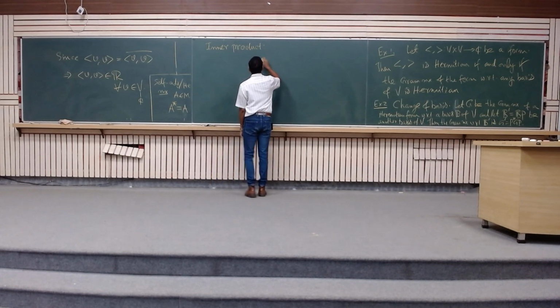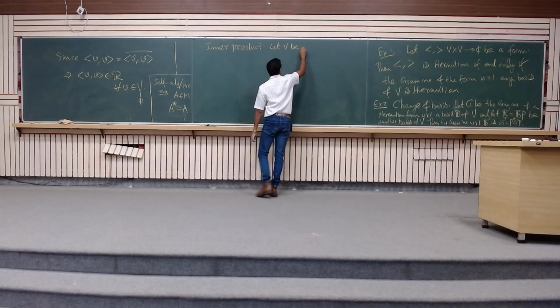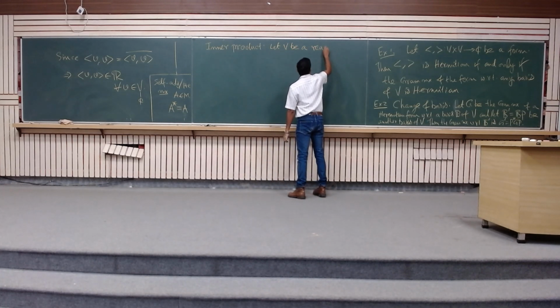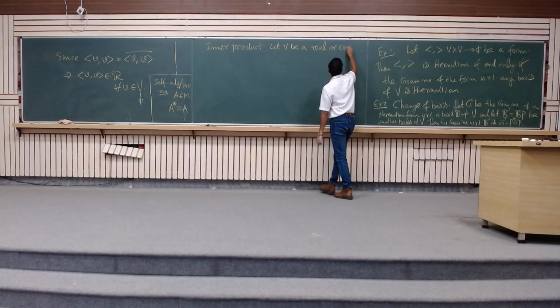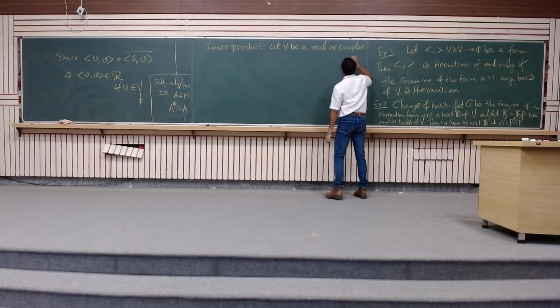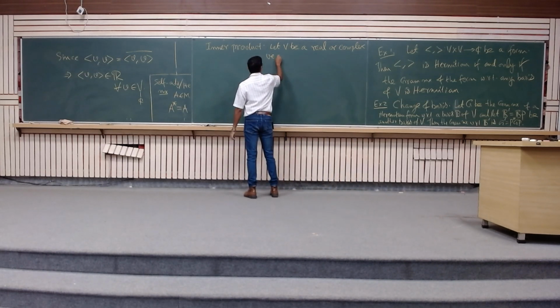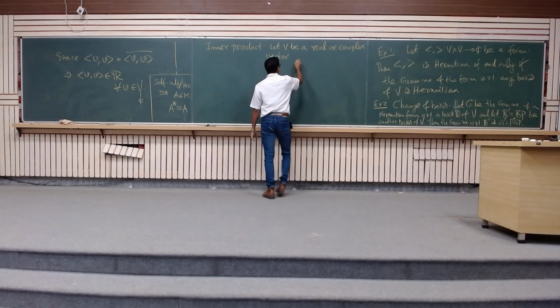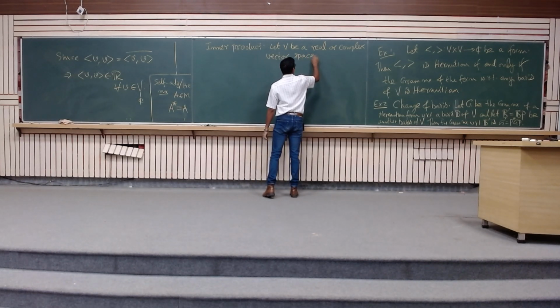So let V be a real or complex vector space. That is, it is defined over the reals or over the complex numbers.